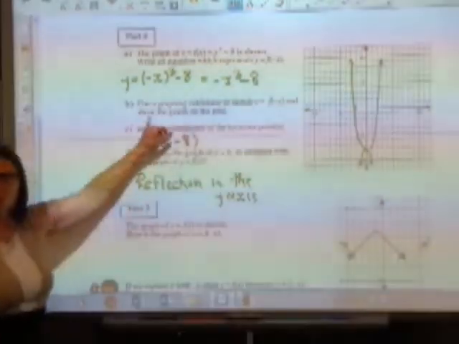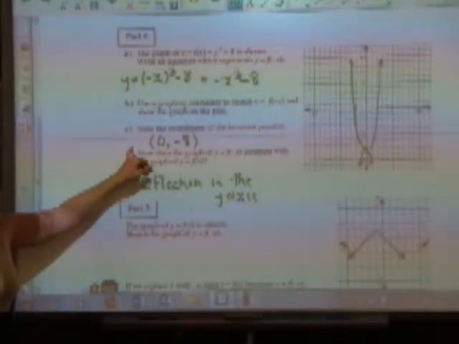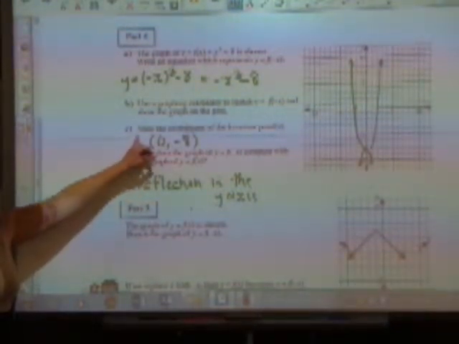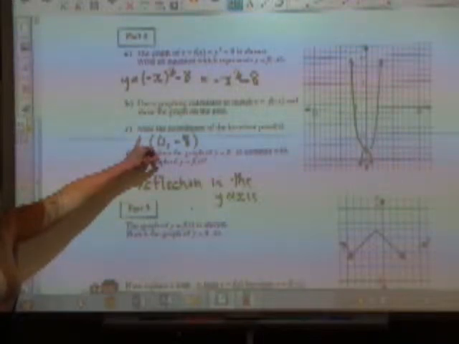What do you notice about your invariant point? Which coordinate is 0? The x is. And when I take 0 and multiply it by a negative, what happens to it? Stays the same.